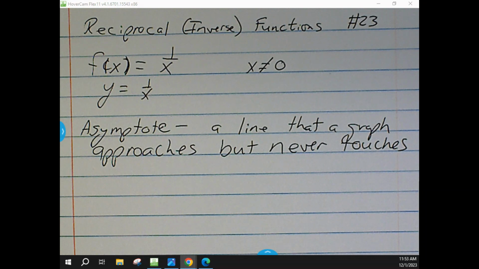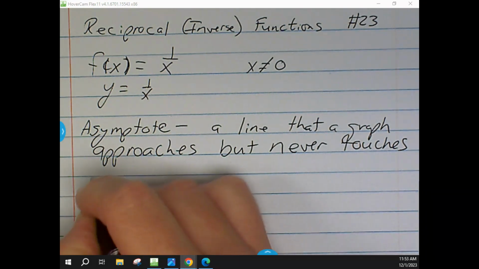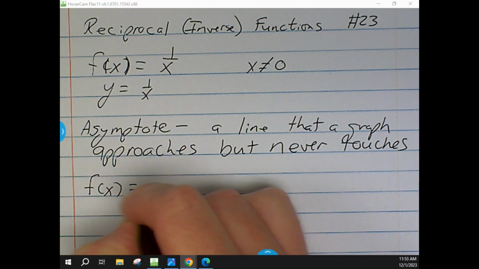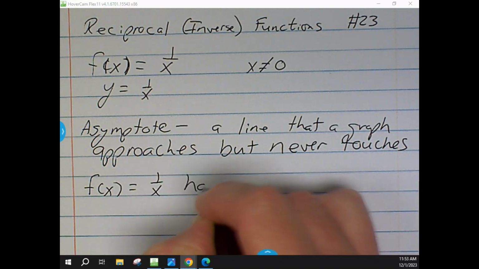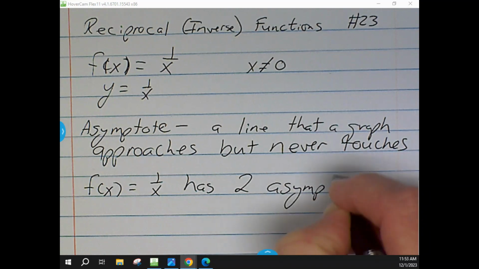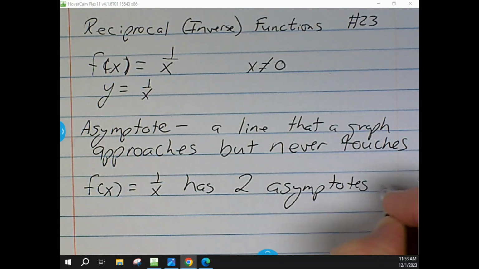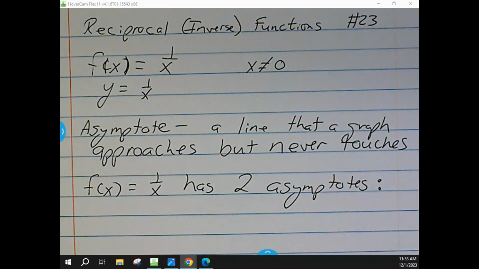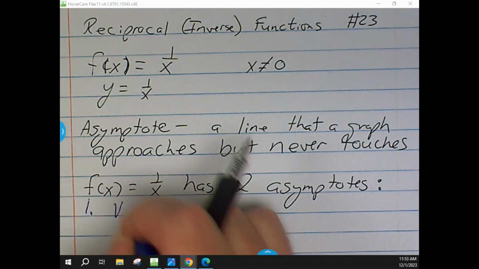Okay, and all these reciprocal functions that we're going to do, they have two different asymptotes. The first one is going to be a vertical asymptote.